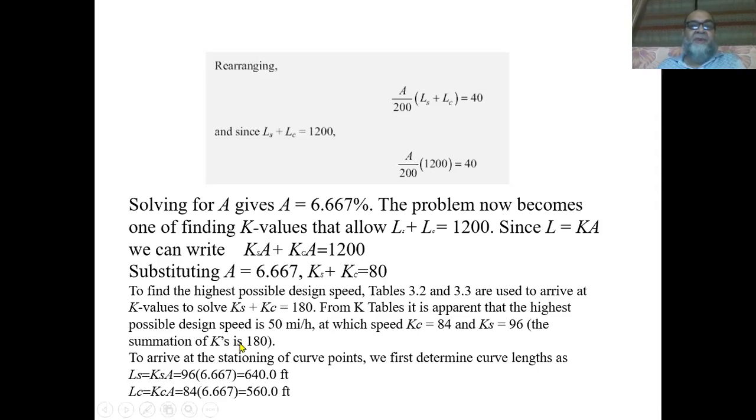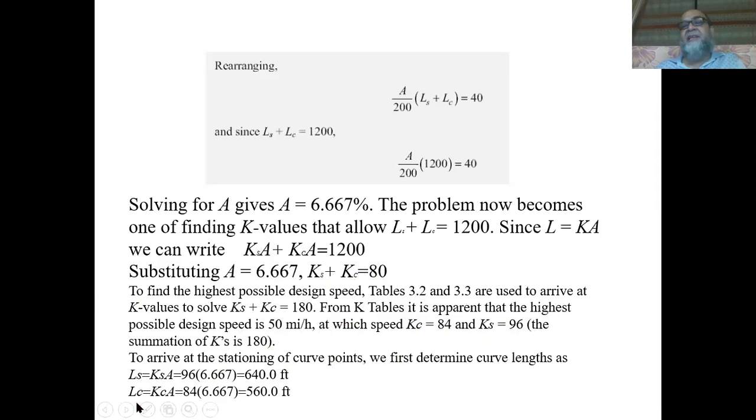Pardon me for this typo error. So if you take 50 miles per hour, Kc becomes 84, Ks becomes 96. So it's totally 180.